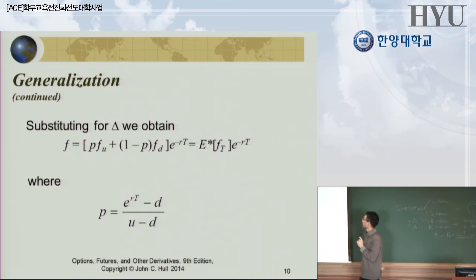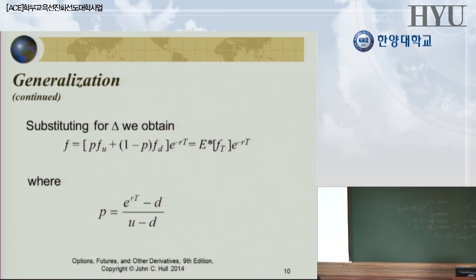Therefore F becomes pFU plus (1 minus p)FD. And then p is (e^(rT) minus D) over (U minus D).